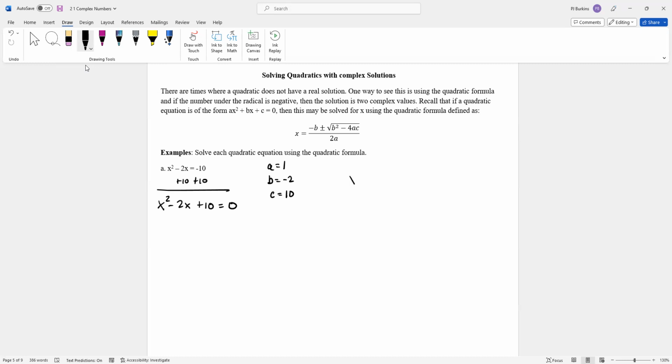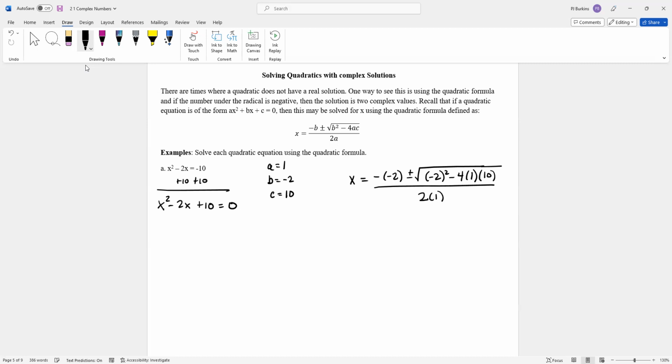Let's plug them into the formula. So we have the opposite of b, or negative of -2, plus or minus the square root of -2 squared minus 4 times a, which is 1, times c, which is 10, all divided by 2 times 1.